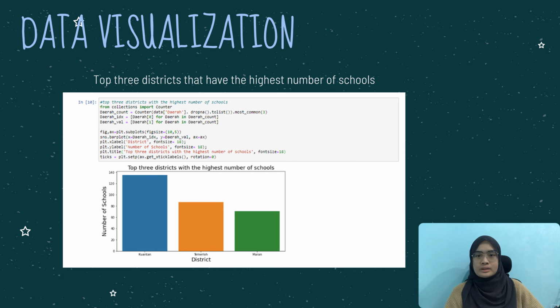Next, we look through the top 3 districts with a higher number of schools. As I mentioned just now, Kuantan district has the highest number of schools, which is approximately 130 schools, followed by Temerloh and Maran districts with about 90 and 70 schools respectively.